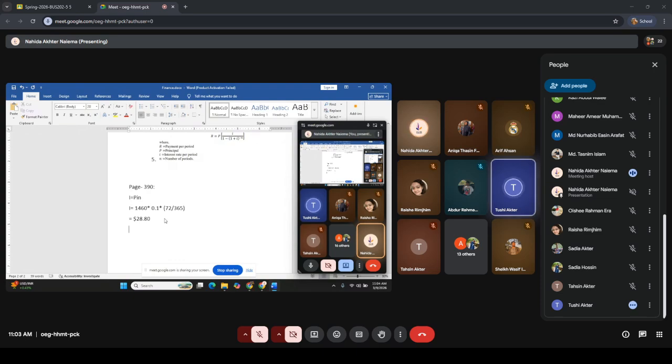And it is for 72 days. 72 days হলে আমাদের ইয়ারে থাকে 365 days. So the n will be 72 by 365, and we find the interest. ওকে। Clear? Yes.